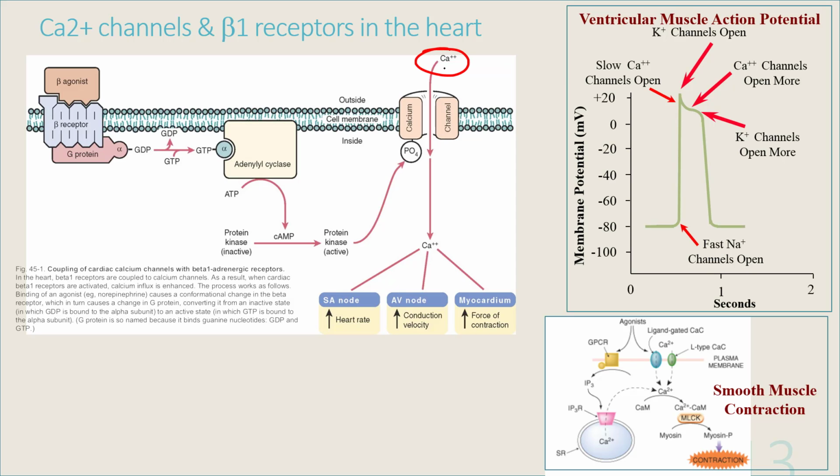So when calcium goes into the myocardial cells, it causes an increase in heart rate through activation of the SA node. It increases activation of the AV node, so it increases conduction velocity, and on the muscle cell itself, it causes an increase in force of the myocardial contraction.